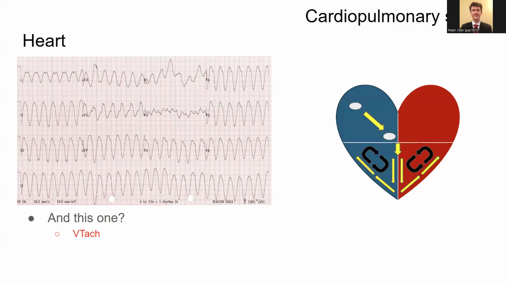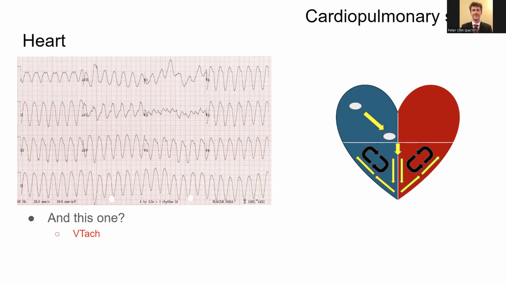Before we compare it to Wolff-Parkinson-White, we'll just reiterate the anatomy of the cardiac conduction system. In VTAC, the depolarization is just circulating around the ventricles. From a physiologic standpoint, the ventricles have gap junctions that allow for synchronized depolarization of the myocardium.